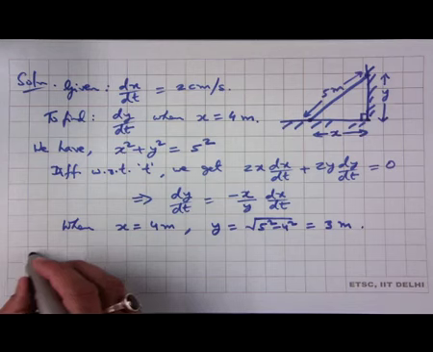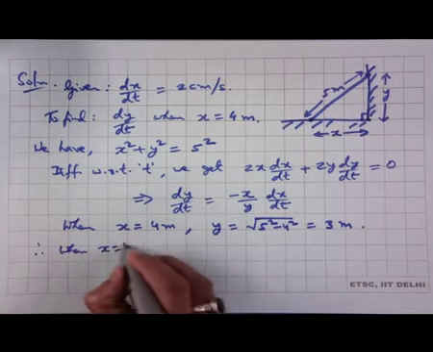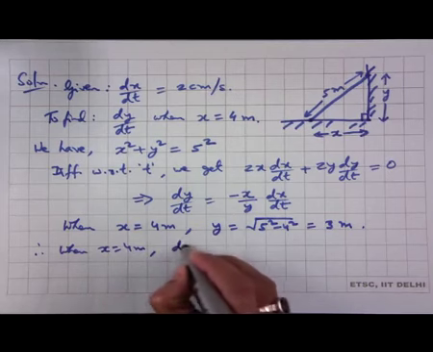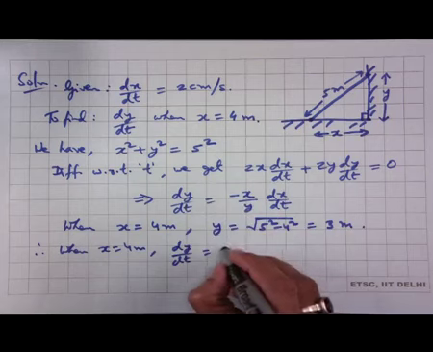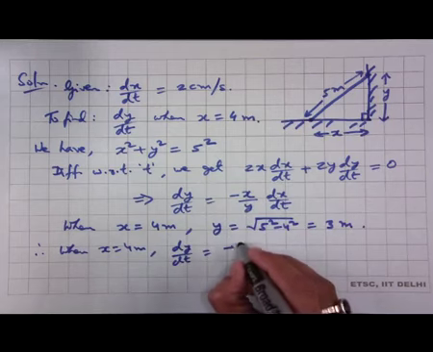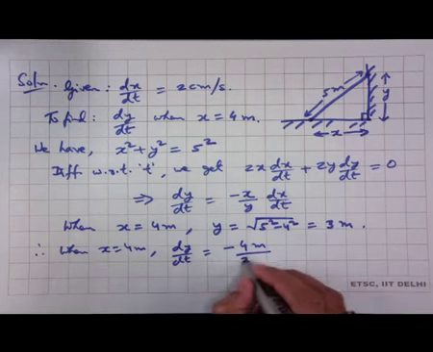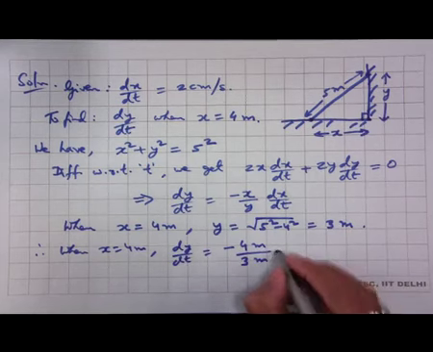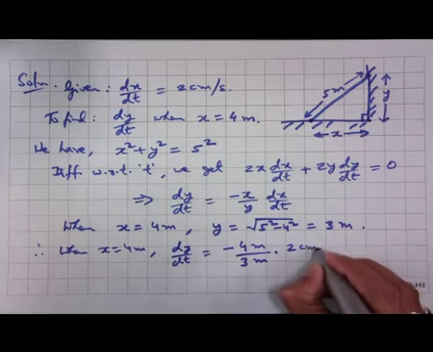So, therefore, when x is 4 meter, dy/dt is equal to minus x, which is 4 meter, divided by y, which is 3 meter, times dx/dt, which is given to be 2 centimeter per second.